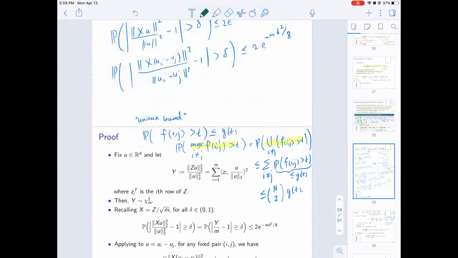So I'm going to add a max over i not equal to j, and then I pay a price, which is this here, n choose 2. I have my 2 here. Okay, so I have this bound now, uniform over all pairs.